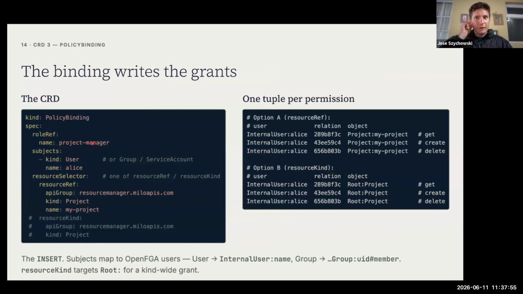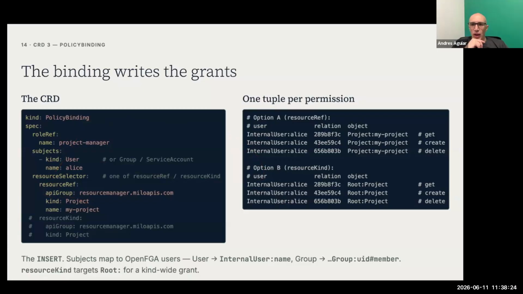When this policy binding reaches our controller, it will make a lookup into this specific role, and it will get all of the permissions that are defined in that role. So by just having the subject, the resource selector and the permission, we proceed to create all of the tuples in OpenFGA. It creates one tuple per permission inside that specific role.